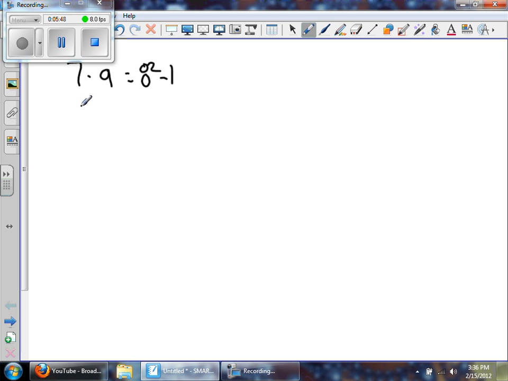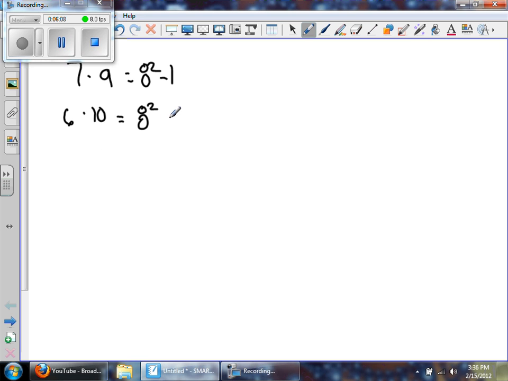Well, what if they weren't 2 apart? What if instead they were 4 apart? So what if we had, say, 6 times 10? I'm explaining myself poorly. How does 6 times 10 relate to the number between them, which is 8 squared?